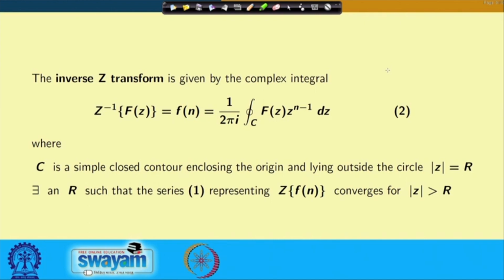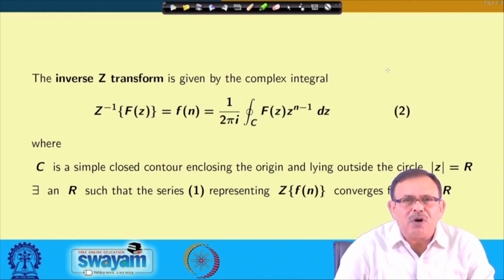And please note that there exists some r such that the series 1, representing the z transform of f n, converges for modulus of z greater than r.